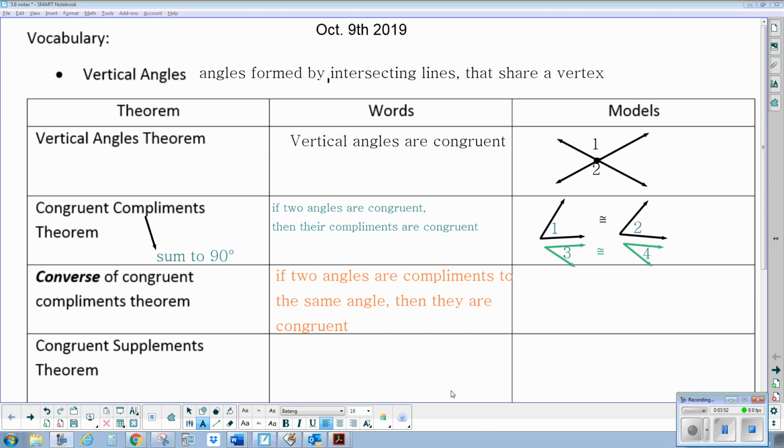So for example, let's say that angle 3 is a complement to angle 2 and angle 1. That means that angle 1 and angle 2 have to be congruent. So if angle 3 is a complement to angle 1 and angle 2, then angle 1 and angle 2 are both congruent.